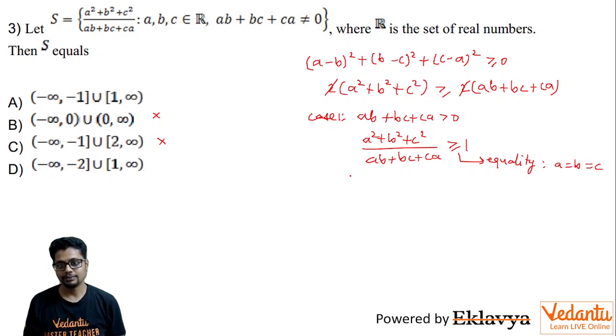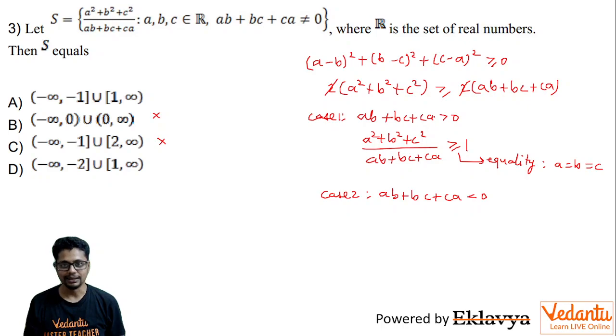And we can easily consider this case too, where ab plus bc plus ca is less than 0. Now you may say, okay, ab plus bc plus ca is less than 0, so just cross multiply, and you'd get a square plus b square plus c square divided by ab plus bc plus ca is less than or equal to 0.